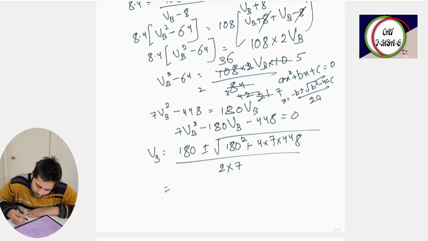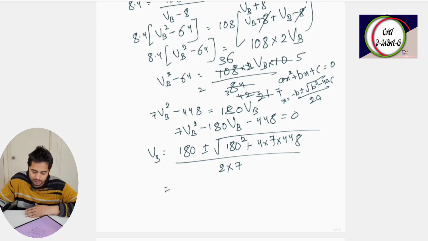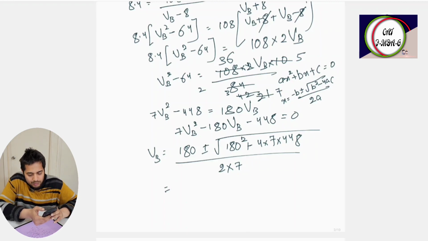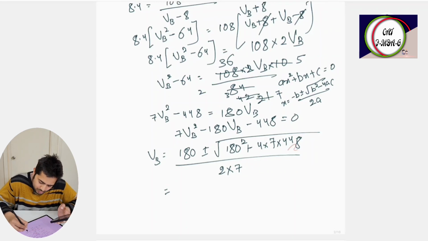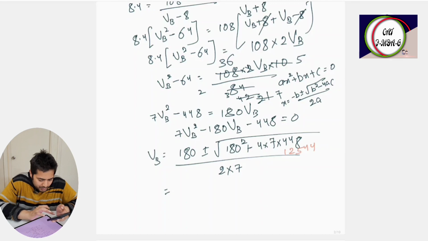So if you are going to solve this, let me use the calculator. Okay. So 4 into 7 into 448, this is 12544. 180 square, this is 32400, plus 12544.